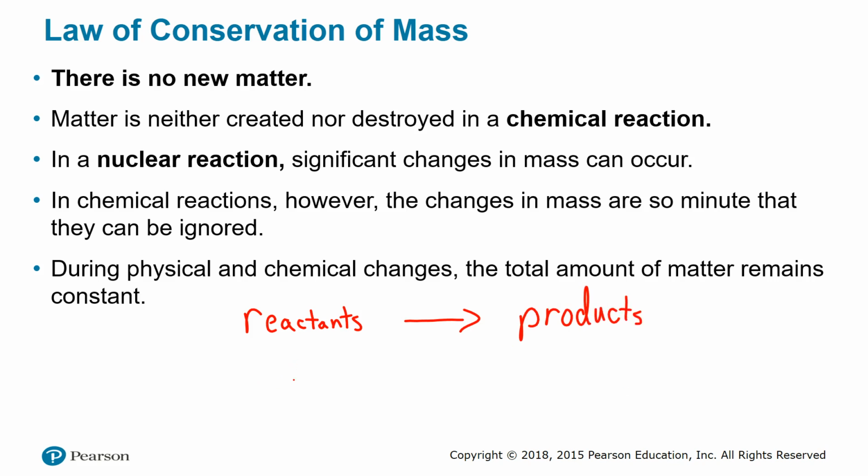So total mass here must equal the total mass here. So the total mass of the reactants must equal the total mass of the products in a chemical reaction. Everything that we do in this class.